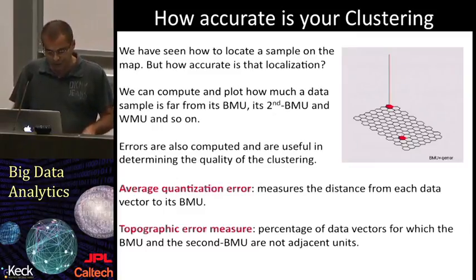Then there is the topographic error, which measures the percentage of data vectors for which the best matching unit and second best matching unit are not adjacent units. So this error gives an overall idea of the goodness of the whole map.